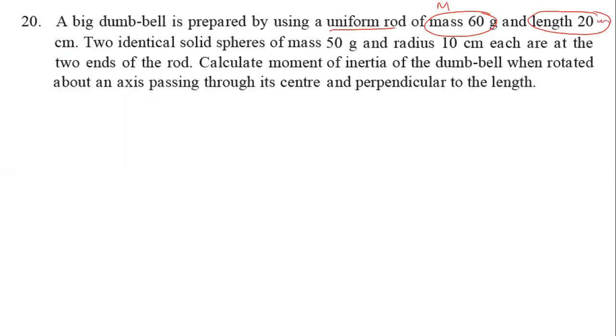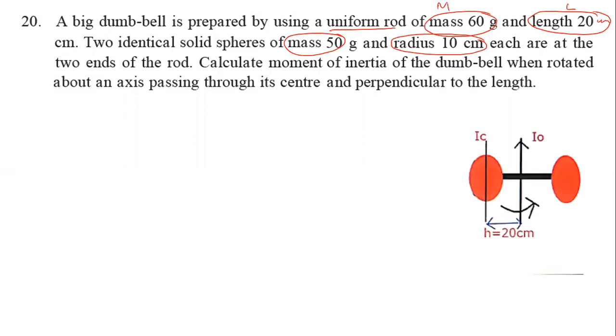Two identical solid spheres of mass 50 gram and radius 10 centimeter each are at the two ends of the rod. Calculate the moment of inertia of the dumbbell when rotated about an axis passing through its center and perpendicular to the length.